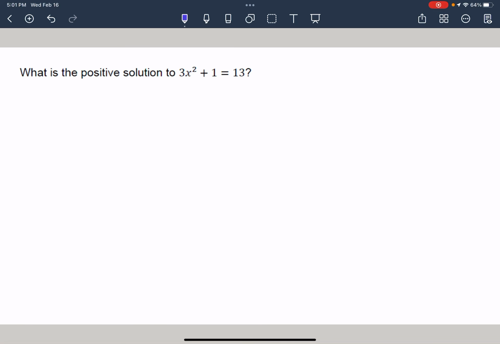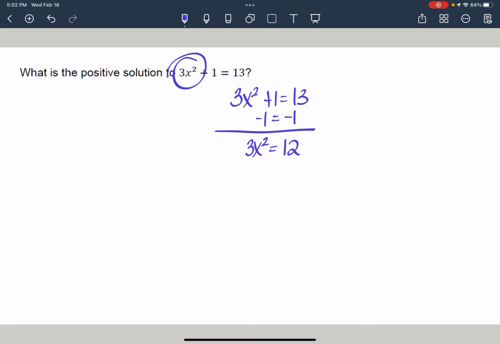So this question asked me for the positive solution to 3x squared plus 1 equals 13. Notice this is one where that square term can be isolated. So I'm going to solve this by isolating that square term and then using the square root property. So I start off by subtracting 1 from both sides. That gives me 3x squared equals 12.